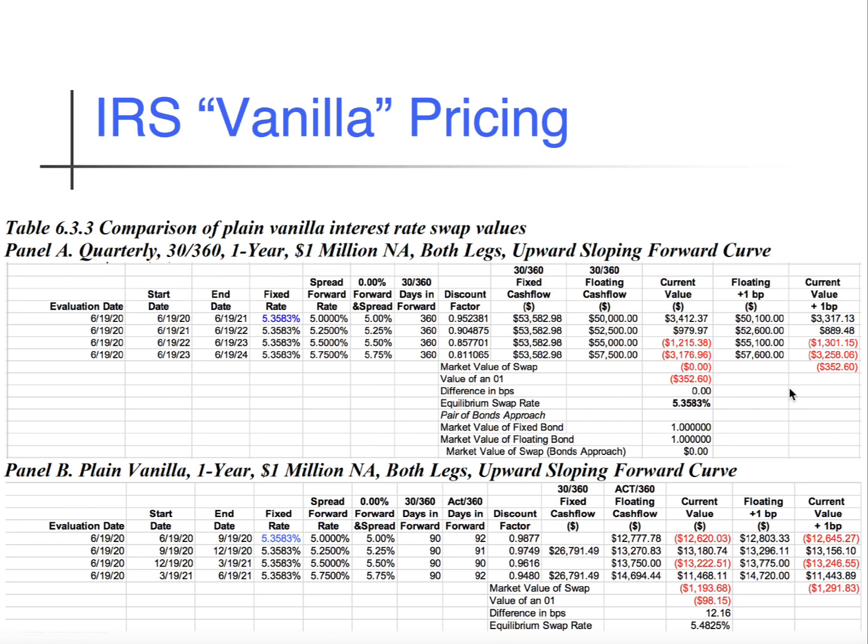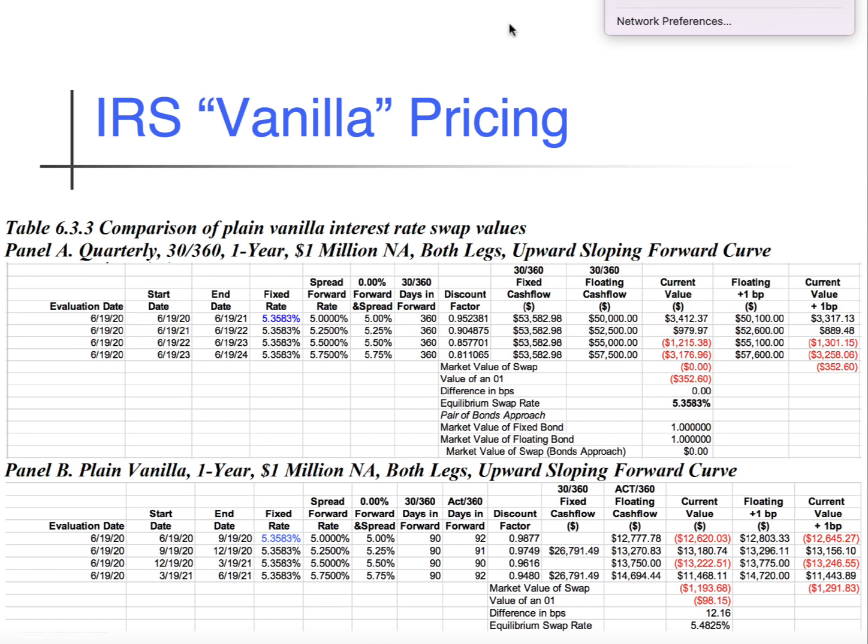And so the value of an O1 is $352. In the case of a 1-year quarterly reset swap, the value of an O1 is basically the present value of $100, and so you end up with something slightly less than $100. So the main takeaway from this exercise is that day count and payment frequencies do influence the results.